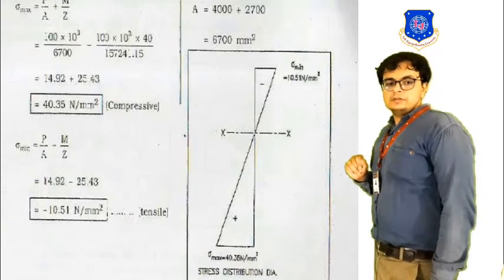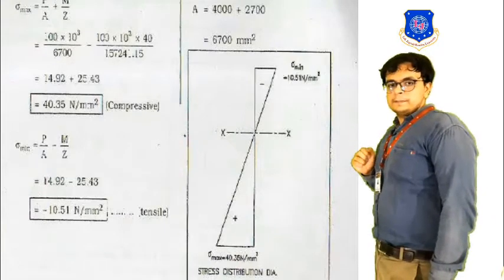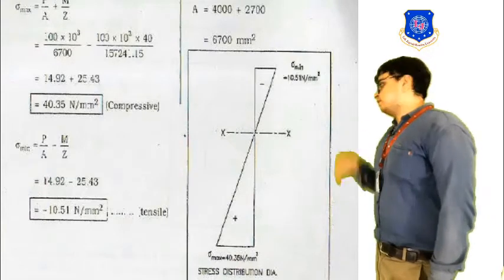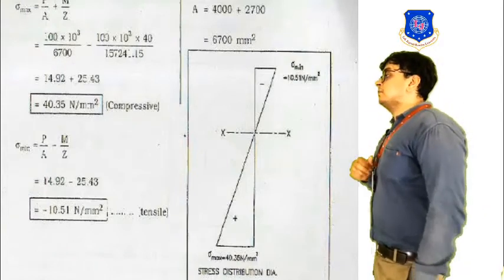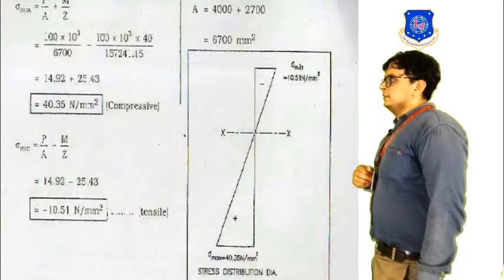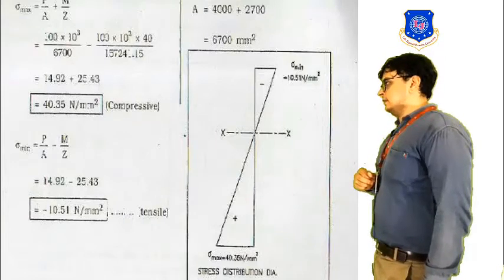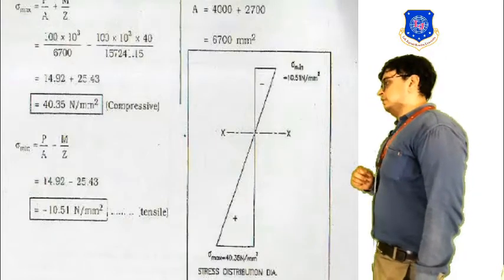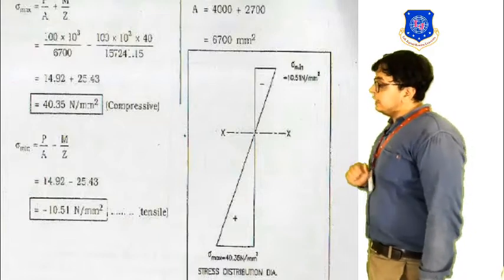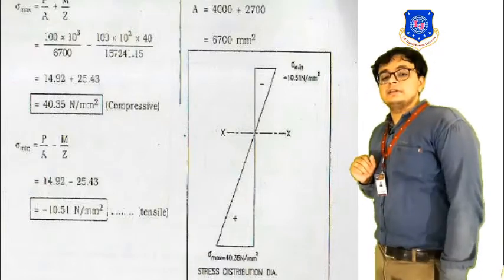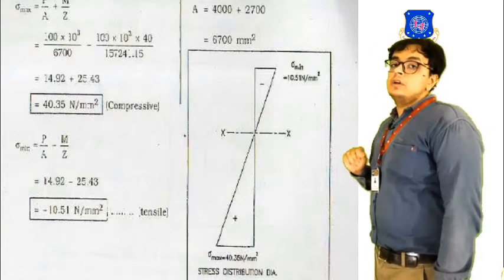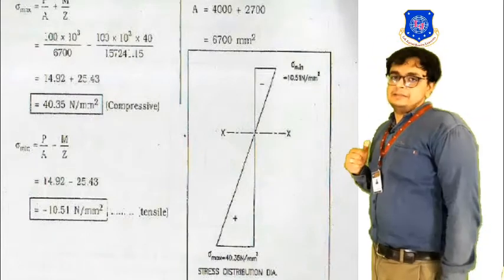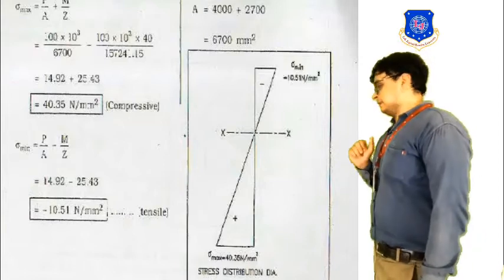So by this we have found the maximum and the minimum stress. Okay, so yes, this is the thing that we needed. Now one last thing is required over here, that is, we have to draw the stress diagram.